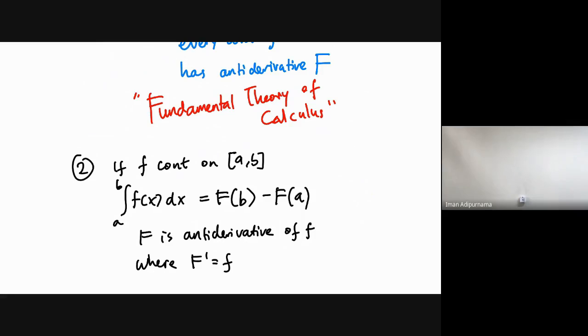What this theorem tells us is, if you want to make the integration of 2x become x squared, and there is no theorem about that, then you can't do this.